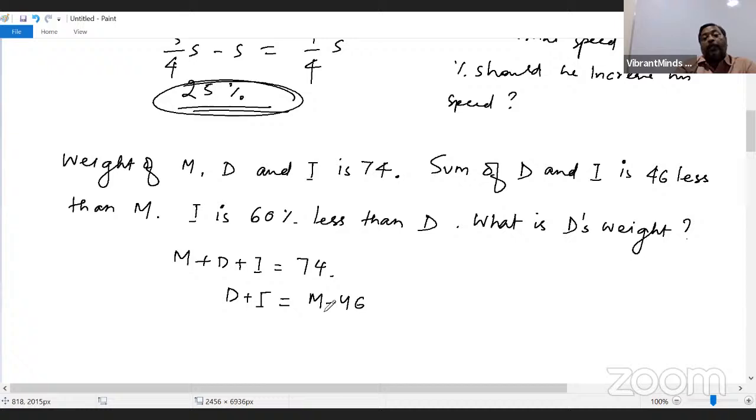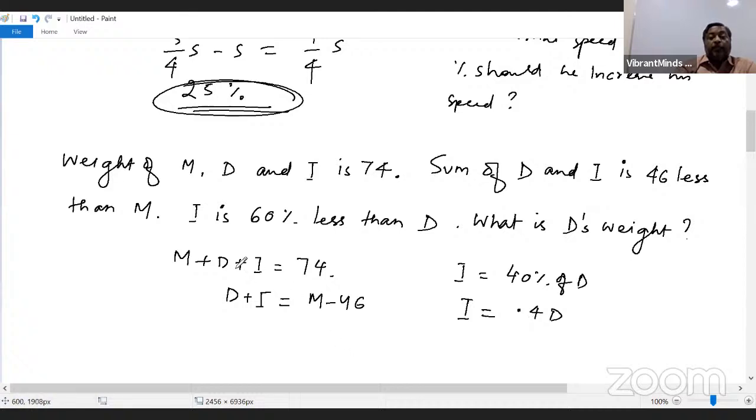Now थोड़ा ध्यान से देखिएगा, and one more, I is 60% less than D. So can I say I is equal to 40% of D? So I is equal to 0.4 D.